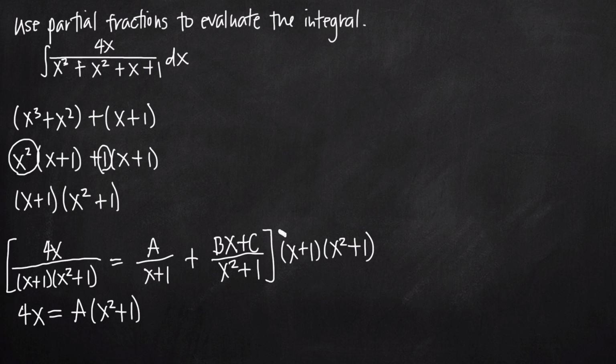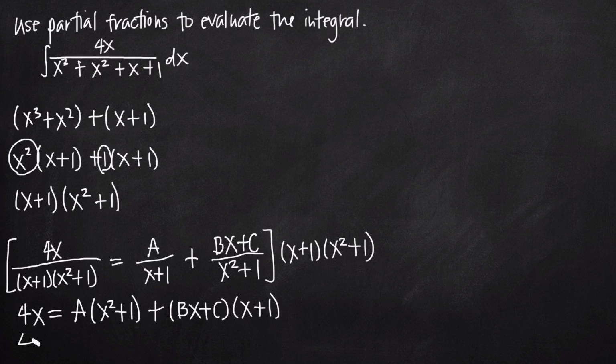When we multiply this by our second fraction, Bx plus C over x squared plus 1, the x squared plus 1 factors cancel, and we're just left with this x plus 1 here. So we get plus quantity Bx plus C times x plus 1.